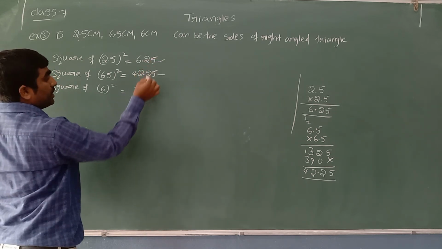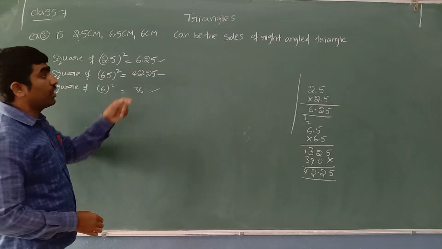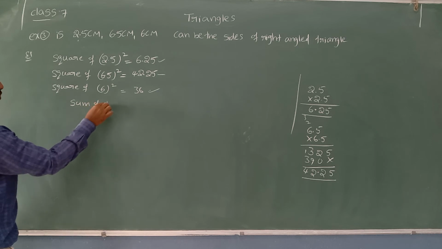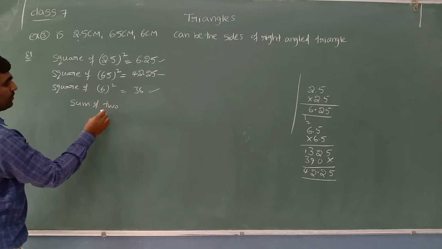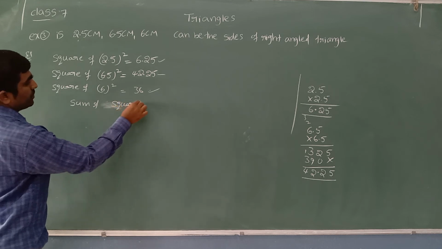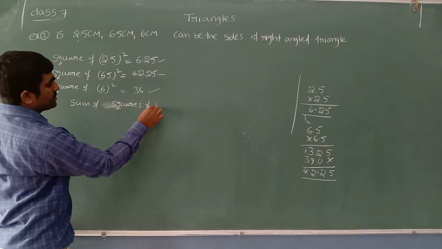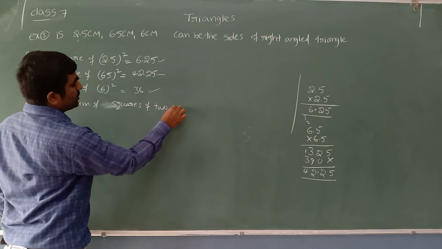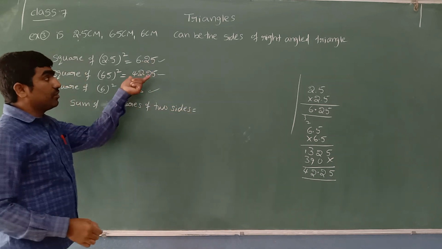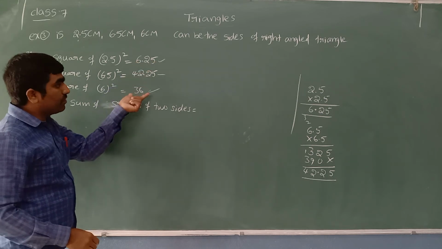We'll see by adding these two whether there is any chance to get the third one or not. Let me write the sum of squares of two sides. Leave the greater one; these two smaller ones we need to add.